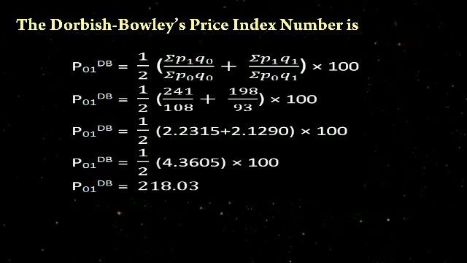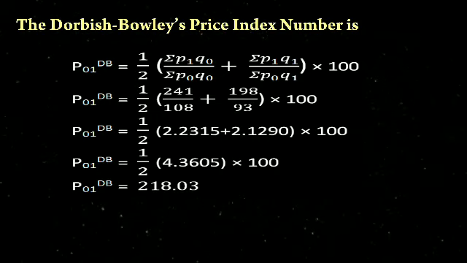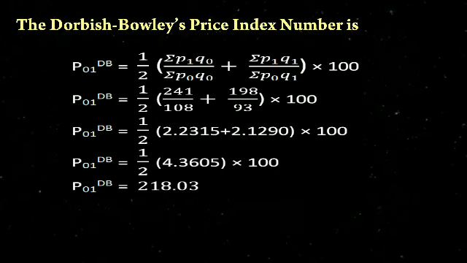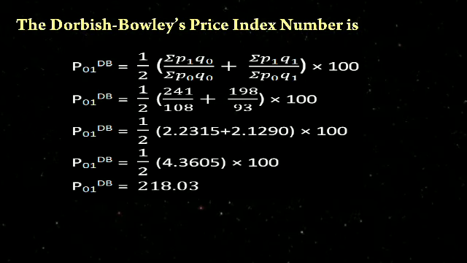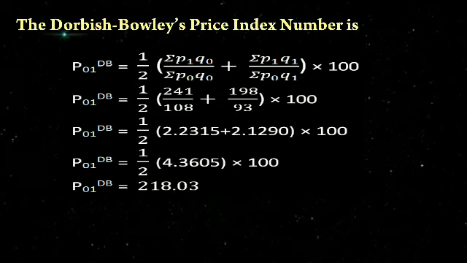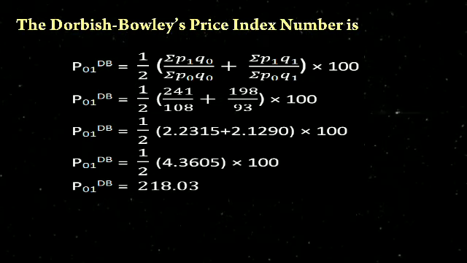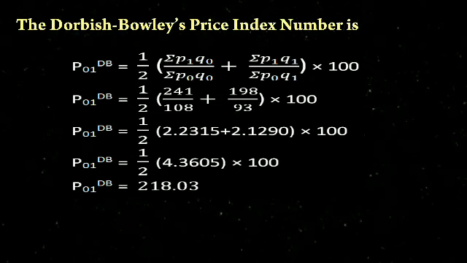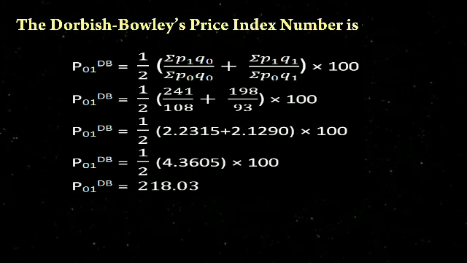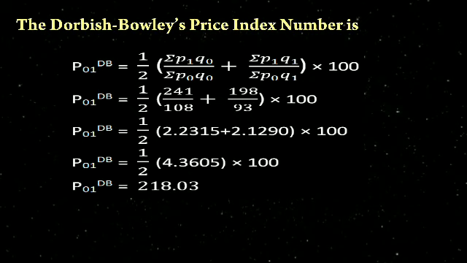After that, 1 by 2 into, add the two values and the total is 4.3605, which is multiplied by 100. After that, multiply all the three values and you will get the index number. So P01 of dB equal to 218.03.